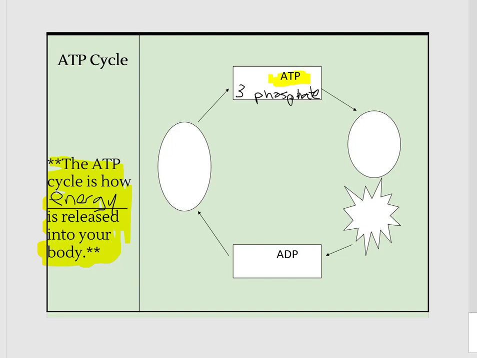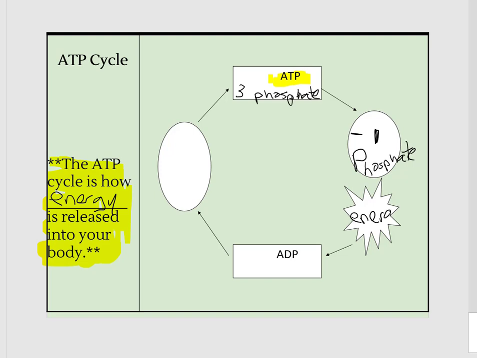So with ATP, we are releasing energy. Our bodies need energy. So we are going to lose, so we're going to say minus 1 phosphate. You can put just P, or if you want to write out phosphate, you can. So we're losing a phosphate when we are releasing energy. So that's what this little burst of energy is here.